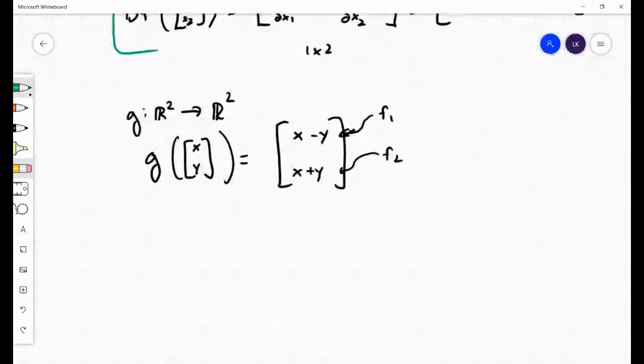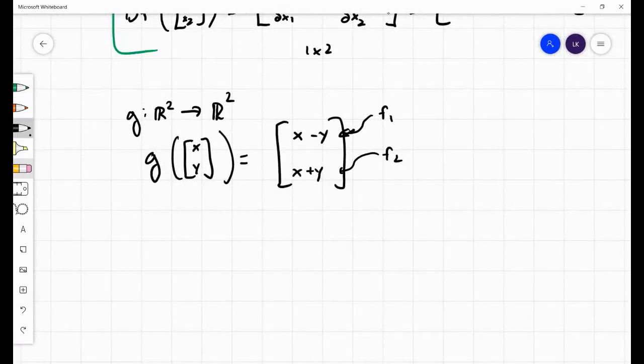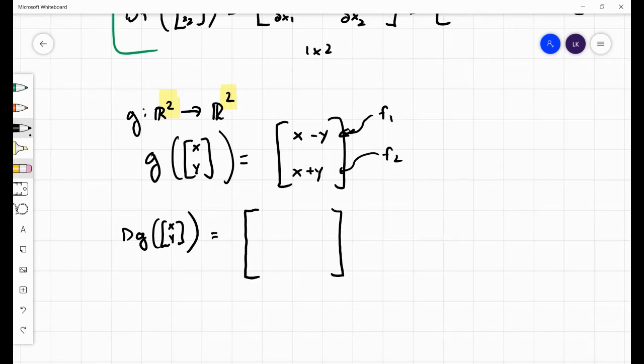Okay. So here, if this function is differentiable, all the components clearly are differentiable. So the derivative of g at a point x, y is going to be a 2 by 2 matrix, where we differentiate the first component, f1, with respect to x and then y.